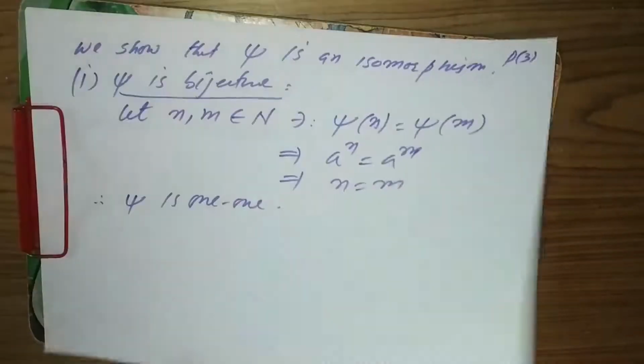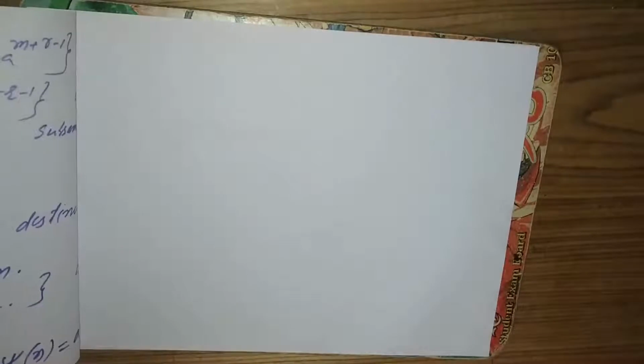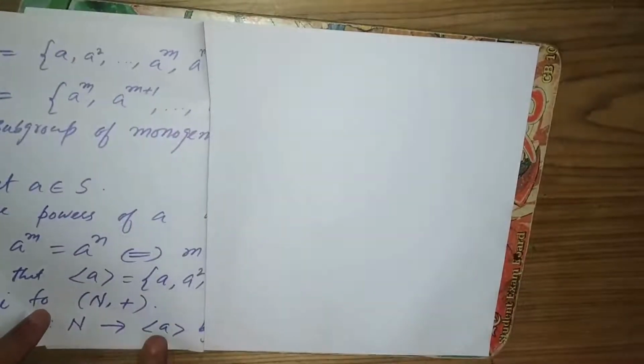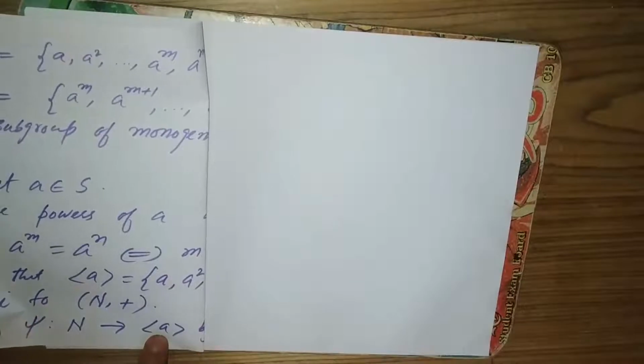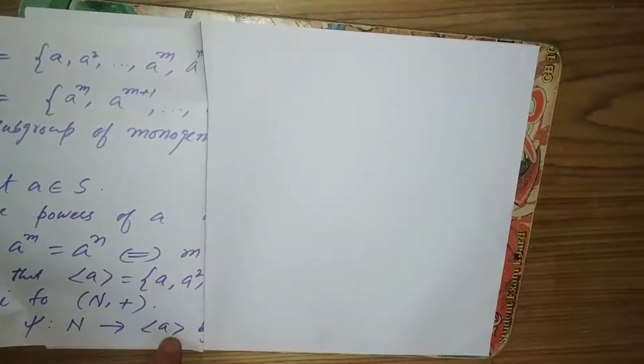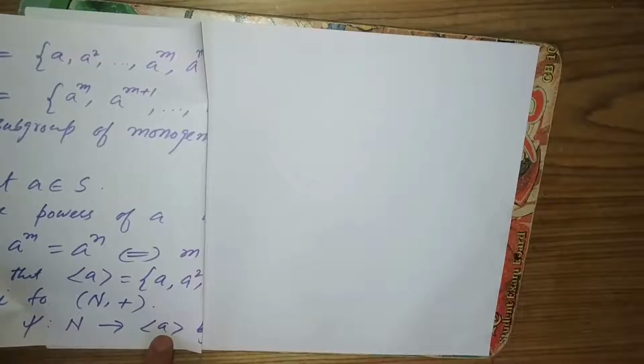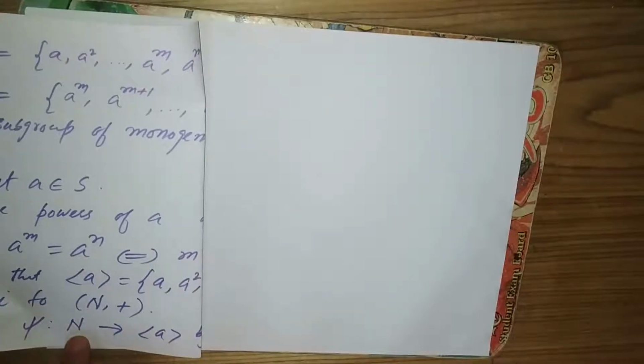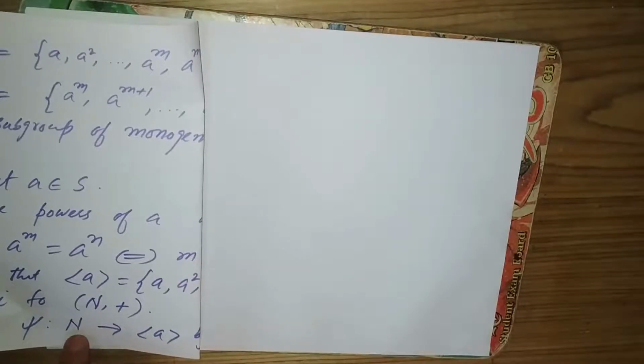For onto we need to choose any element from this monogenic semigroup, and show that every element has a pre-image in the semigroup of natural numbers.